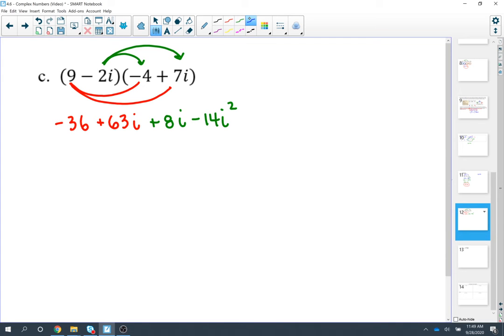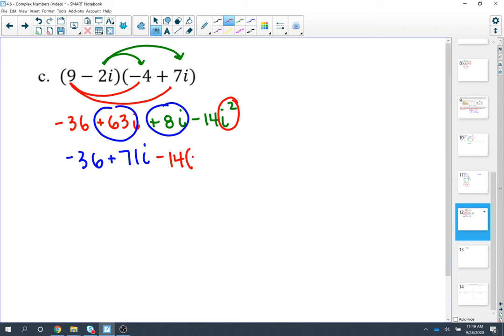A couple things we're going to do here. 63i plus 8i is 71i. Then I'm going to drop down the -36. Then I'm going to take a look at my i squared, and say, okay, that's really -14 times -1.